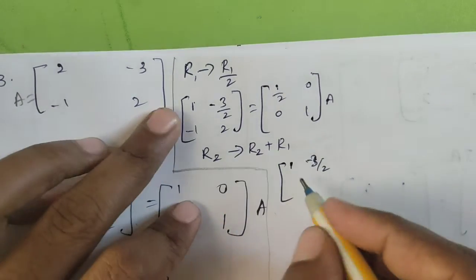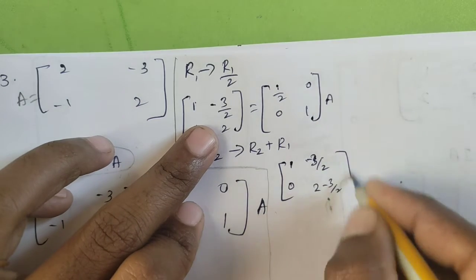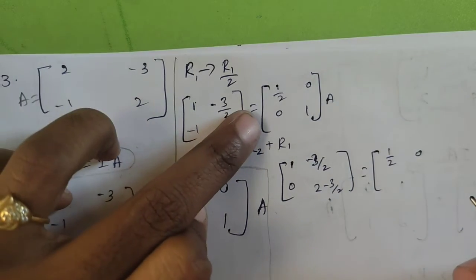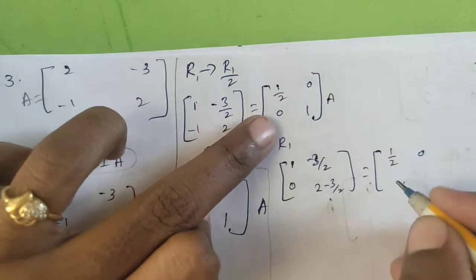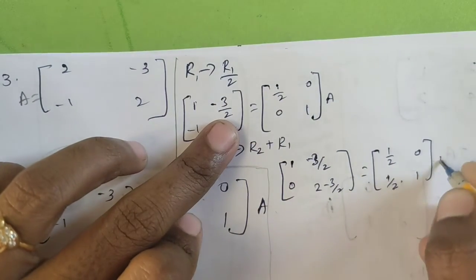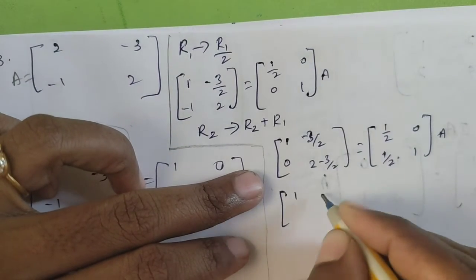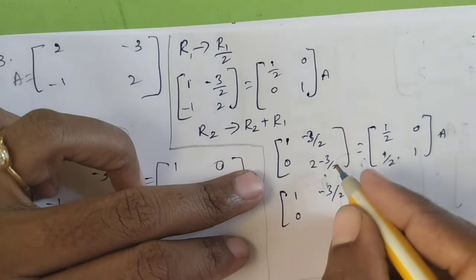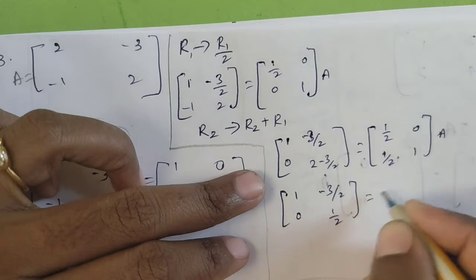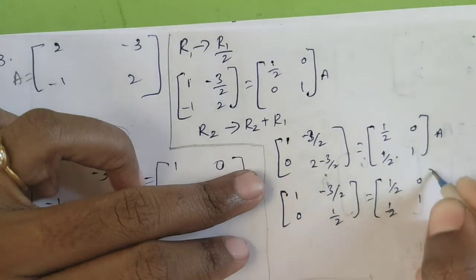Adding this, I will make it 0. 2 minus 3 by 2 is 1 by 2. On the RHS, 0 plus 1 by 2 is 1 by 2, and 1 plus 0 is 1. On simplification, we get 1, minus 3 by 2, 0, 1 by 2 is equal to 1 by 2, 0, 1 by 2, 1 into A.